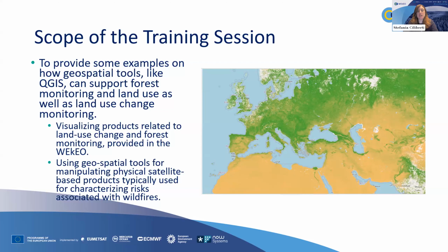Particularly, this training had the main focus on visualizing the products related to land use change and forest monitoring, accessing the variables that support this, and providing a very short overview about the potential of QGIS in analyzing this kind of geospatial data.